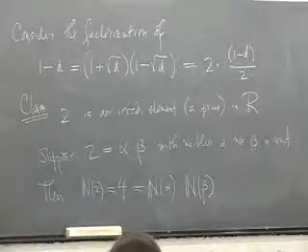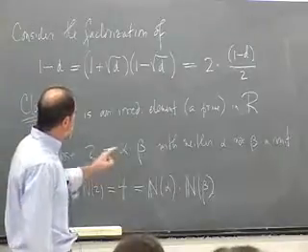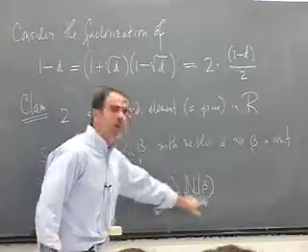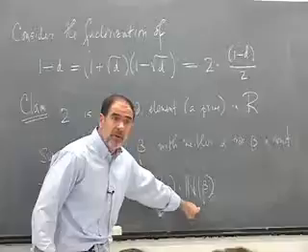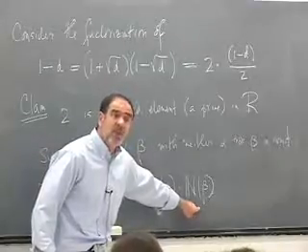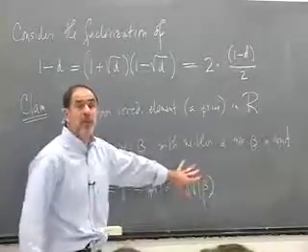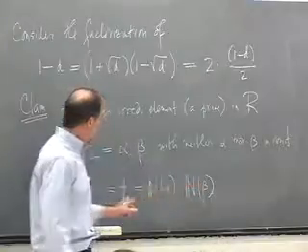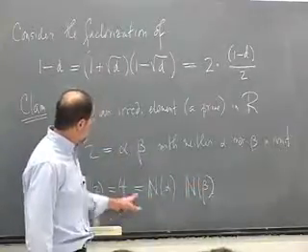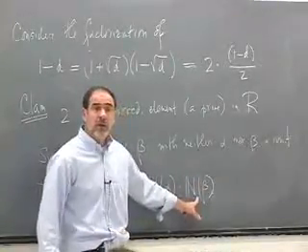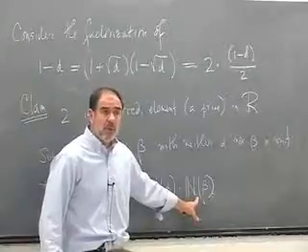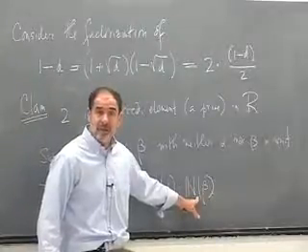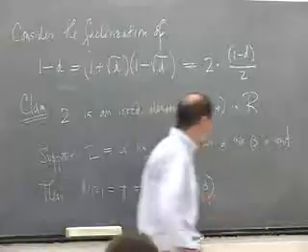Now, if alpha and beta are not units, what do we know about their norms? Not equal to plus or minus 1, or in this case not equal to plus 1, because the norm is positive. So here we have 4 written as the product of two integers, neither of which is 1. What does that tell us about the norm of alpha and beta? They have to be 2.